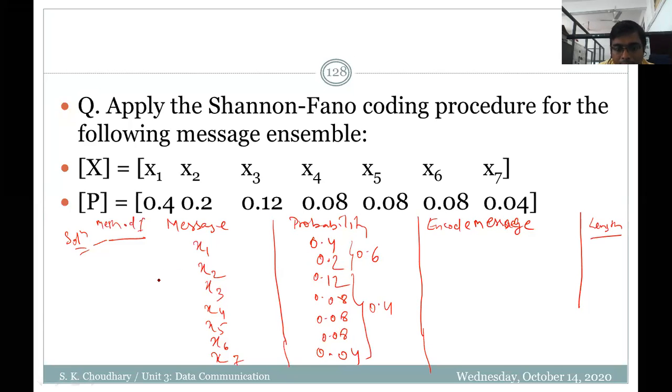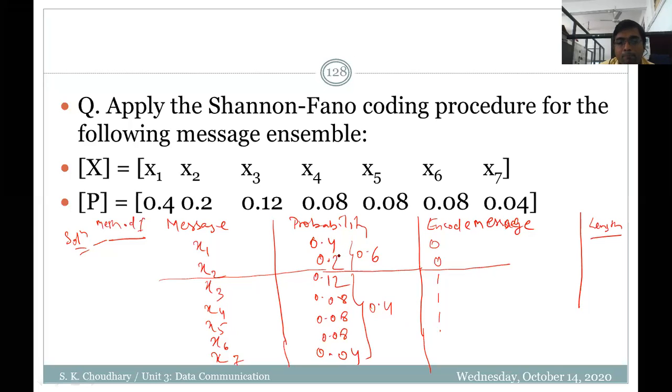In this way you divide it into two equal parts. Now write binary 0 for the first group and binary 1 for the rest, x3, x4, x5, x6 and x7.